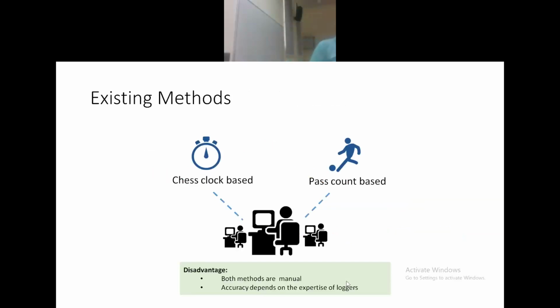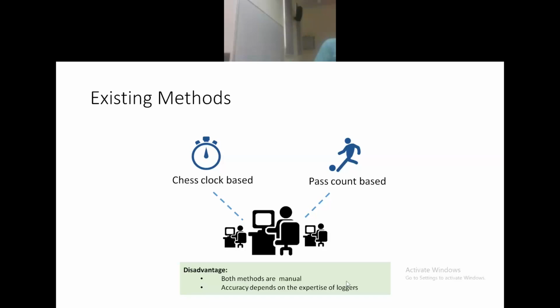Okay, so what is the existing method? When I inquired, we found out that it's very simple. There is something like a chess clock available to somebody who is actually watching the soccer match. That clock has three buttons.